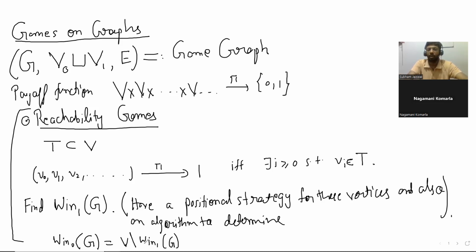So now if you look at win0g, and now if you look at V minus T, look at these vertices, win0g, and look at these vertices. Now do you see a connection with the previous problem?